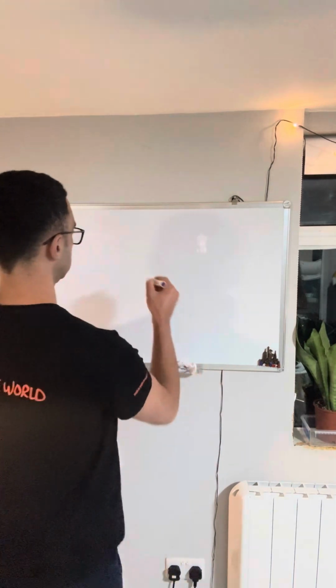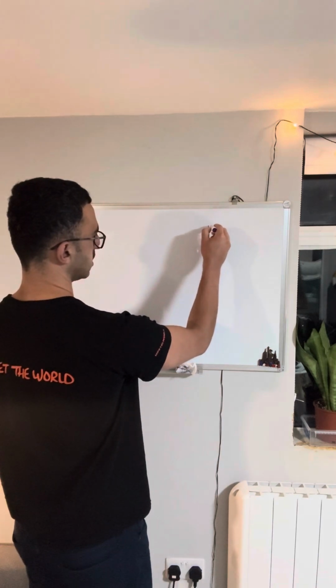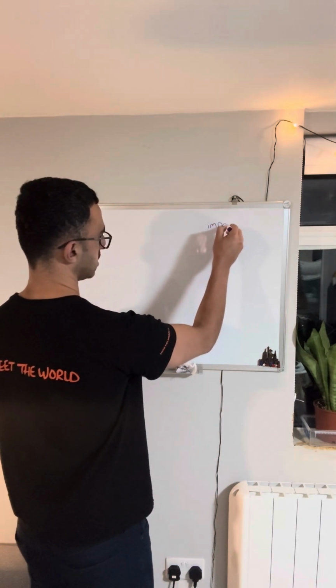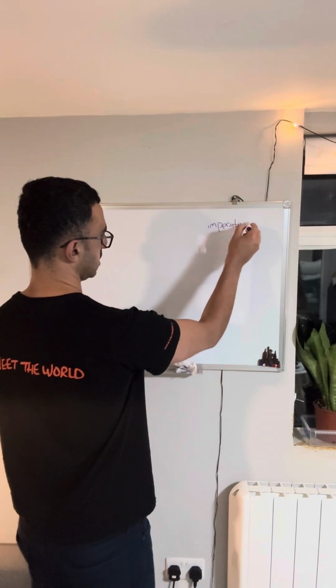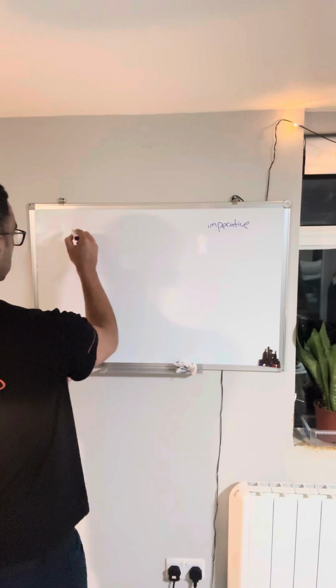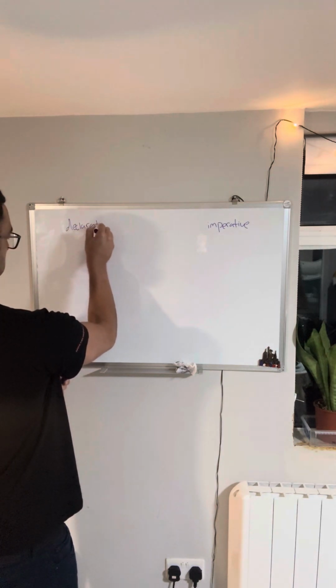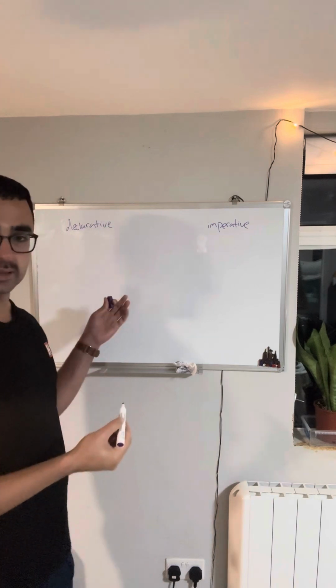There are two general categories for programming languages. One category is called imperative, the other is called declarative.